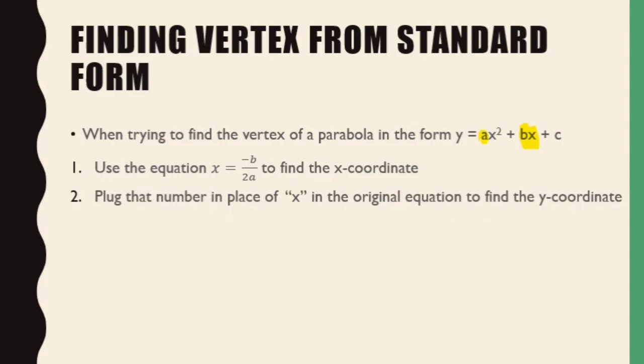You're going to plug the number that you find from the formula, x equals negative b over 2a, back in place of x in the original equation to find the y-coordinate. If you remember about functions, x's are your inputs and y's are your outputs. So it makes sense that if I found the input for my vertex, I just need to plug it back in the equation to get the output for my vertex.